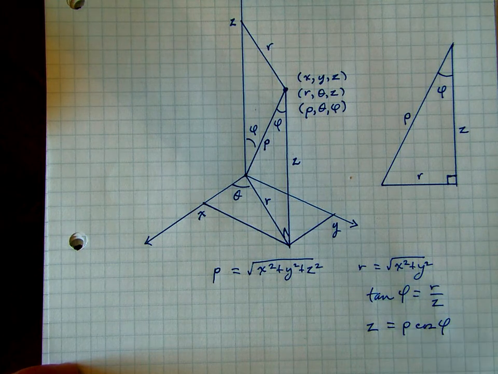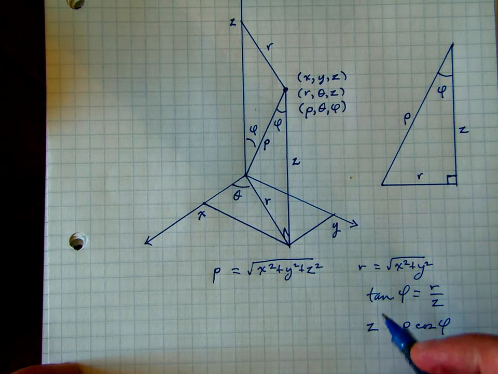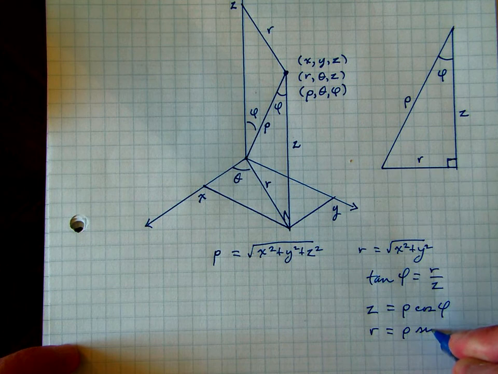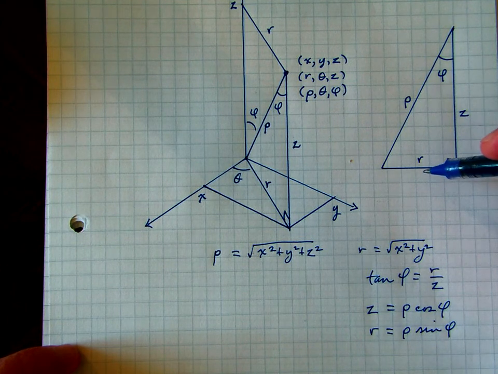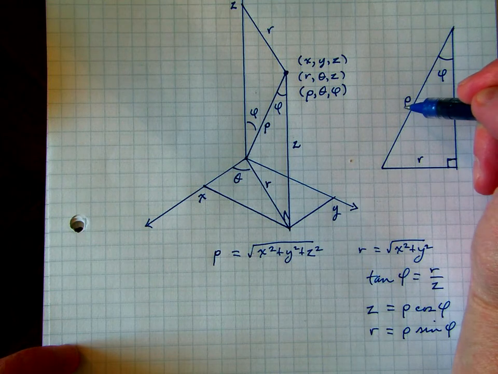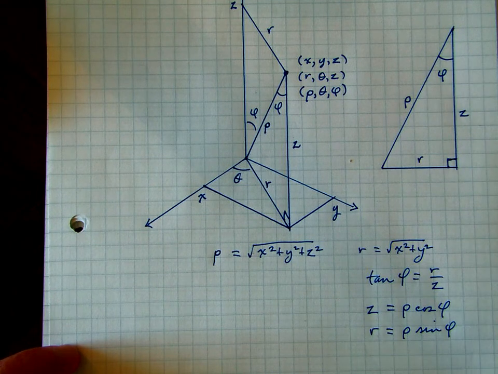So z is rho cosine phi. And we also know this: r is equal to rho sine phi, because r, the opposite side over the hypotenuse, gives us the sine of phi.